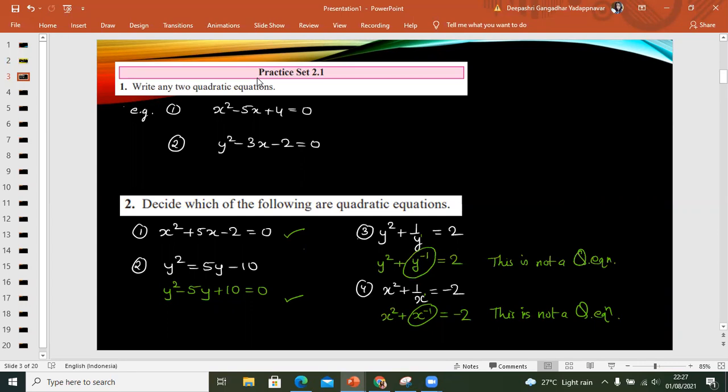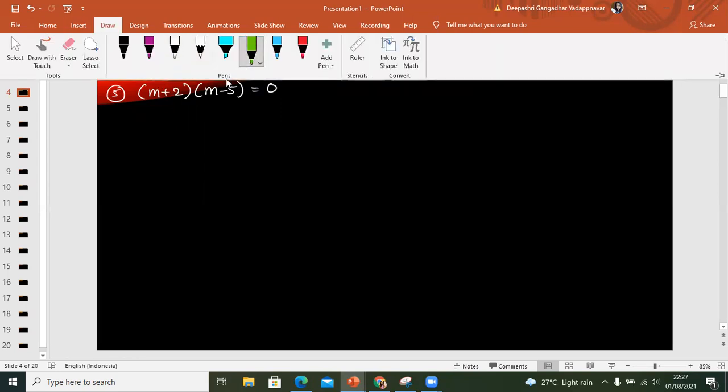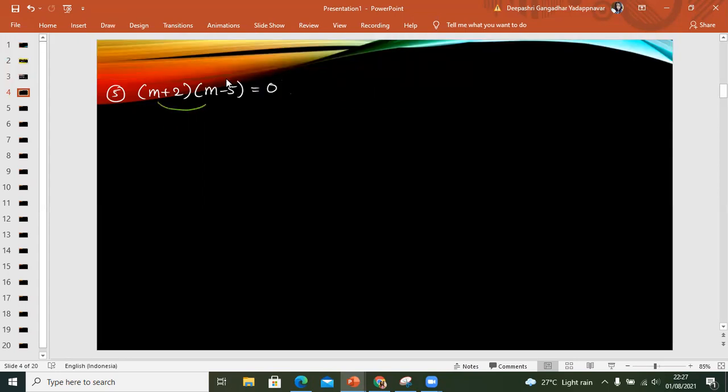Okay, let's solve question 5. Question 5 is given: (m plus 2)(m minus 5) equals 0. We have to solve this equation to see whether this is a quadratic equation or not. So let us multiply these values. m will multiply with m and with minus 5, and then 2 will multiply with m, and then 2 will multiply with 5.